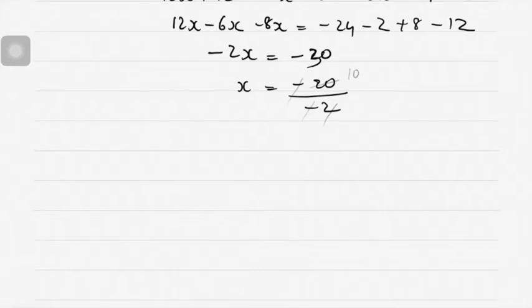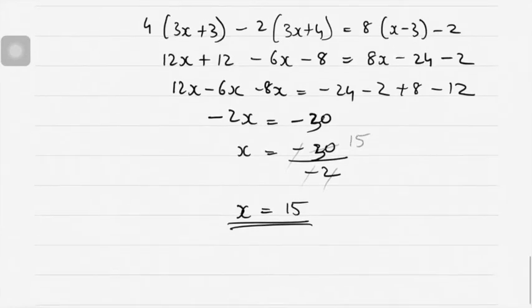I'm very extremely sorry. So this is 15. 2 1s are 2, 2 15s are 30. So x is equal to 15. This is the final answer.